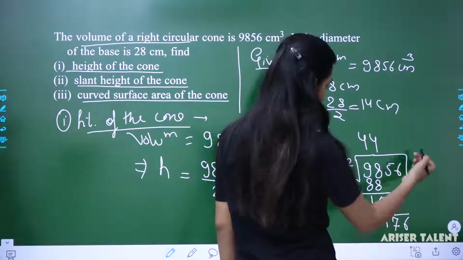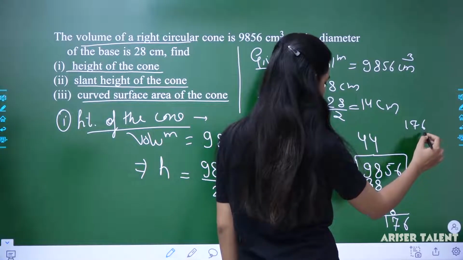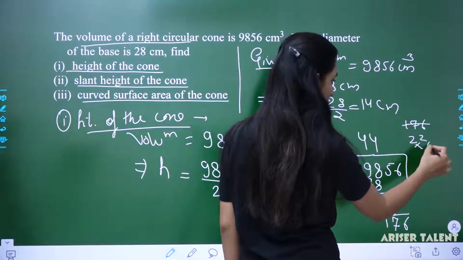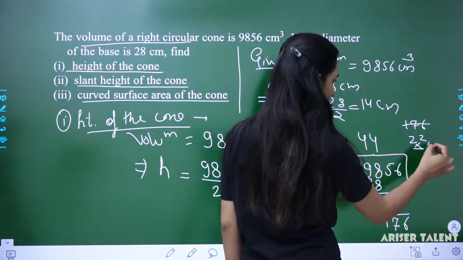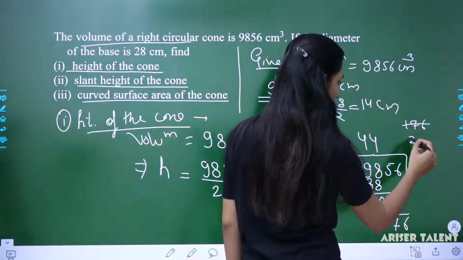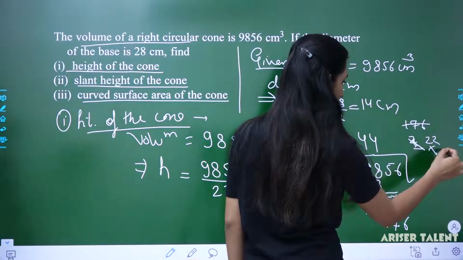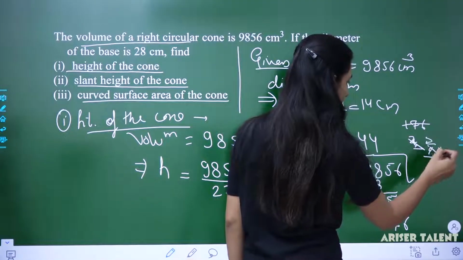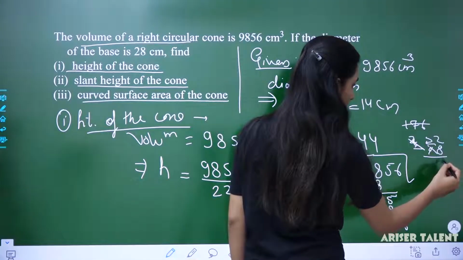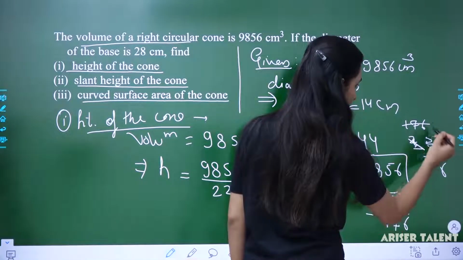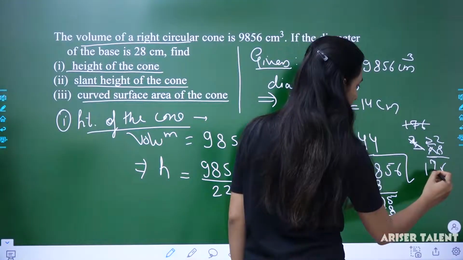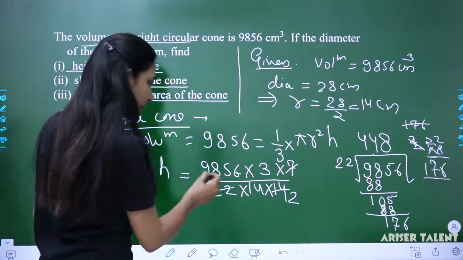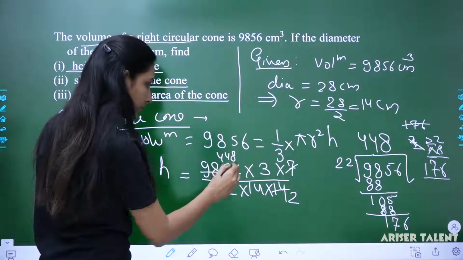Now 176, how many times for 22? That will be 8. So 8 times, it will be cut.